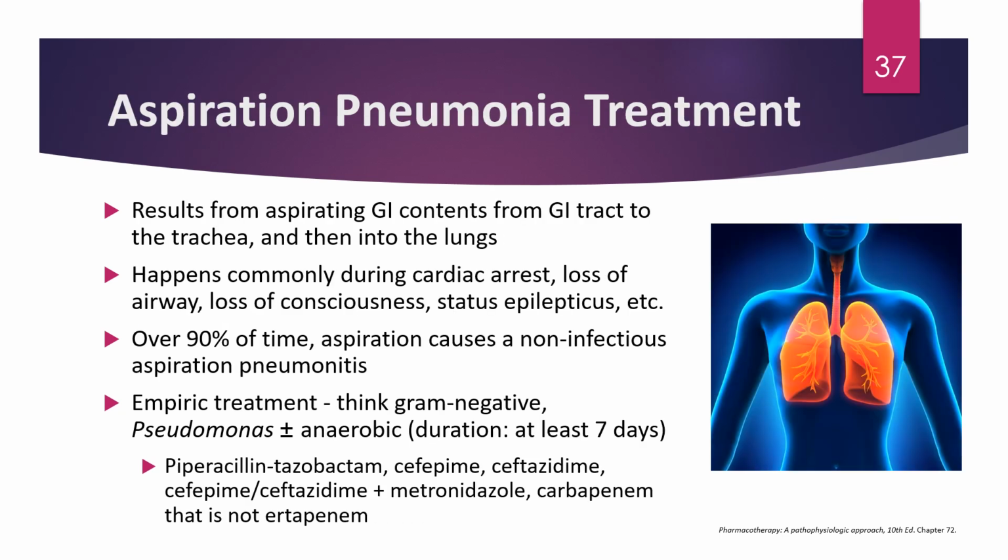Another type of pneumonia is called aspiration pneumonia. Aspiration pneumonia usually results from aspirating the GI contents from the GI tract into the trachea and then back down into the lungs. Usually, this happens because a patient will sometimes lose their airway or lose consciousness at some point.